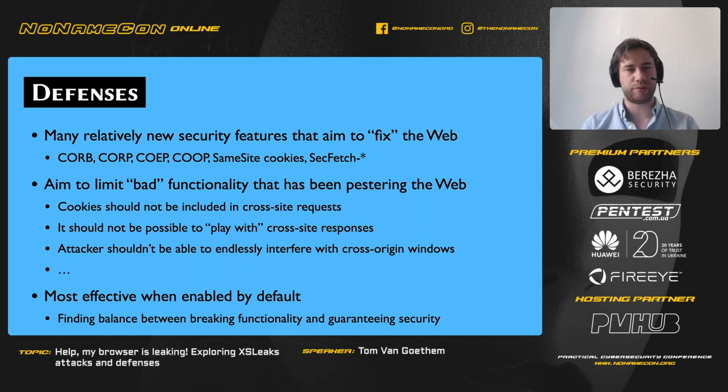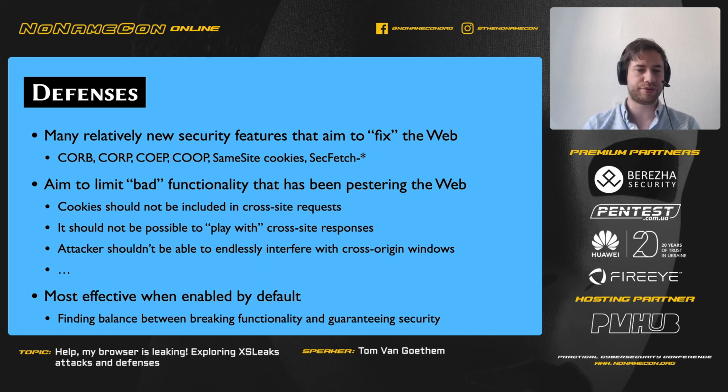So I've been talking a lot about different types of attacks, but I also briefly wanted to cover the different types of defenses. Fairly recently, there has been an explosion of different types of security features being added to modern browsers that aim to fix the web.